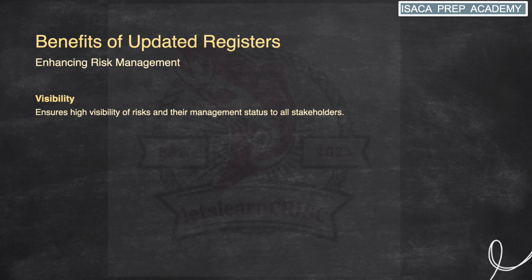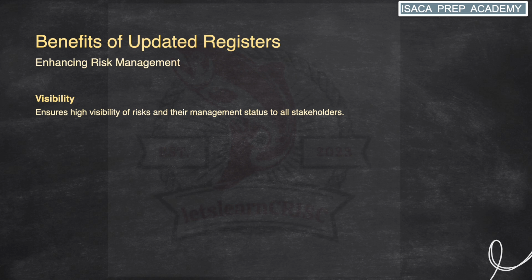By maintaining transparency and accessibility of information regarding identified risks, mitigation efforts, and their current status, the organization promotes informed decision making and fosters a culture of risk awareness and accountability among stakeholders. High visibility of risk allows stakeholders to understand the potential impact and likelihood of various risks, enabling them to prioritize resources and efforts accordingly.